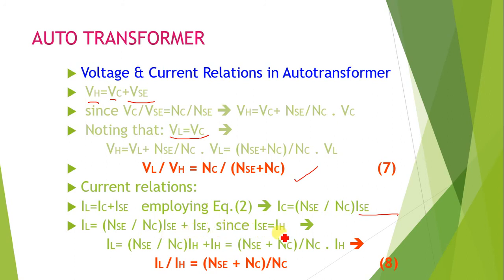Since ISC is equal to IH, we replace ISC with IH, where IL is equal to NSC by NC into IH plus IH, which is equal to NSC plus NC by NC into IH, where IL by IH is equal to NSC plus NC by NC. So this is the current equation for an auto transformer. These are some equations pertaining to the auto transformer.